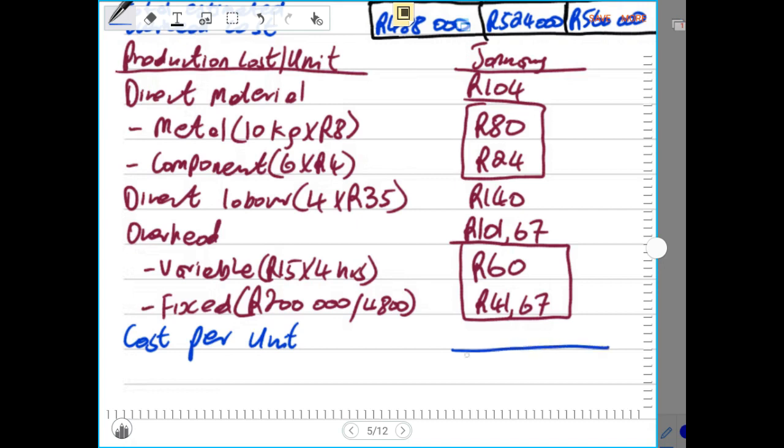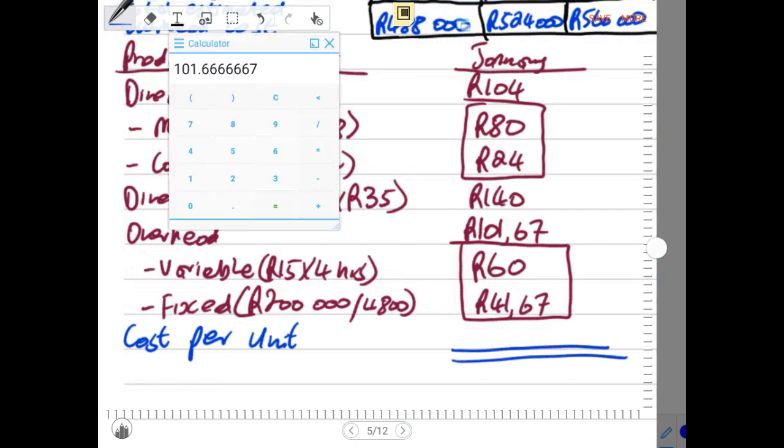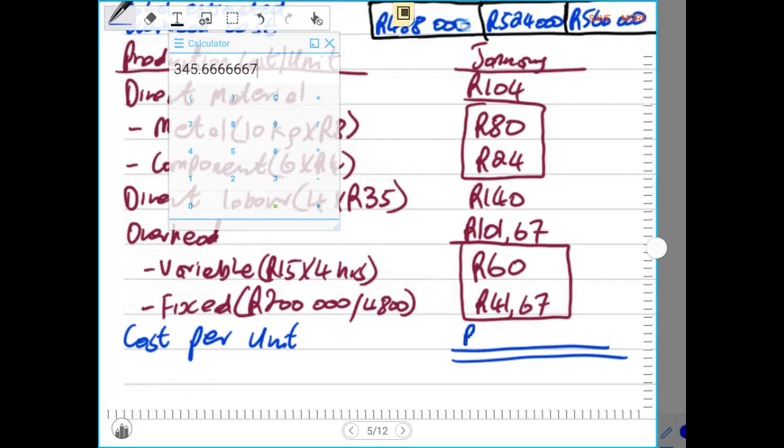Our production cost per unit will be a total of 101.67 plus 140 of direct labor plus 104 of the direct material, and this will give us 345.67.